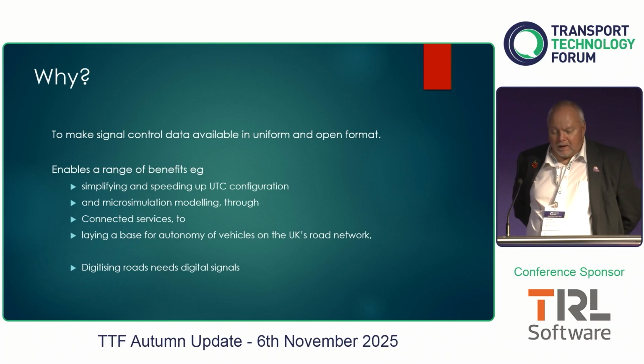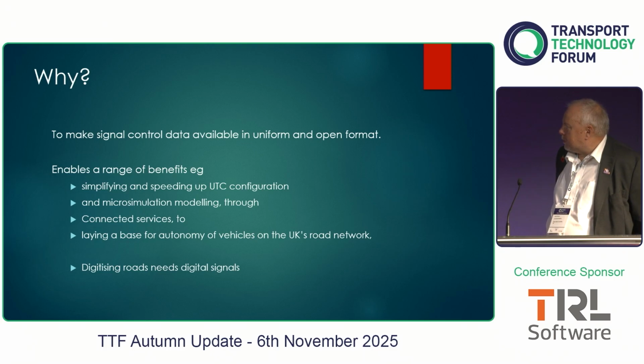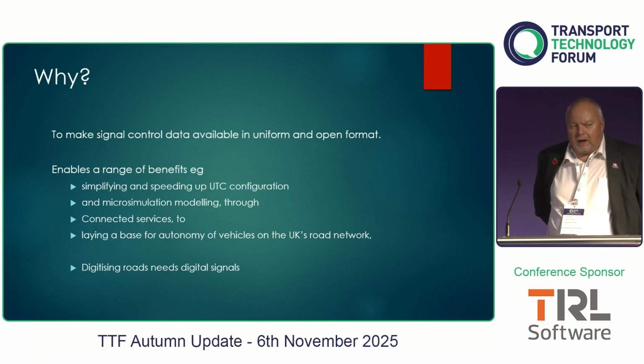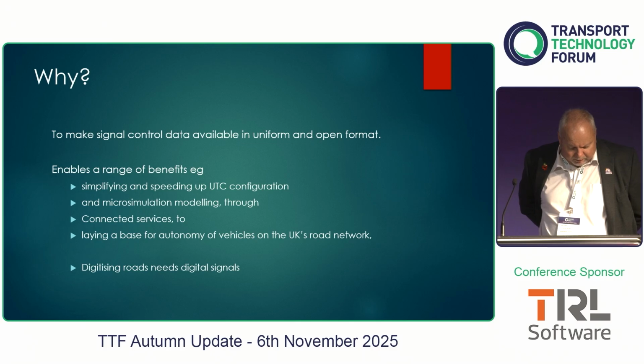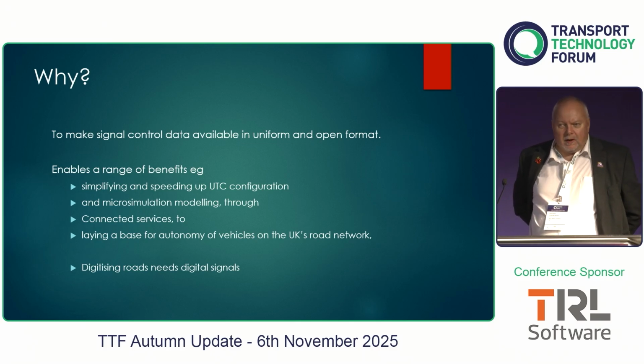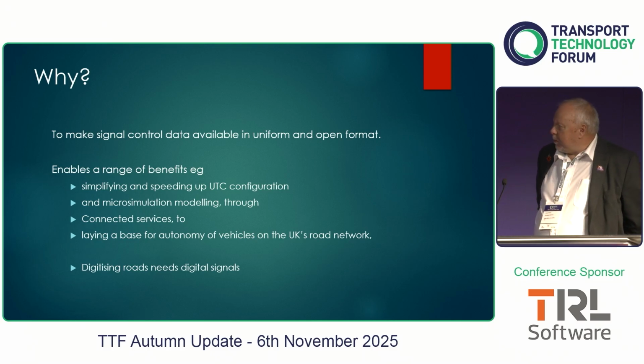So firstly, things like configuring traffic signal control configuration. But one of the big benefits, and we spoke at length to the likes of Immense and so on, is the ability to make much faster and better micro-simulation models. The connected services that Darren spoke about earlier on, knowing what traffic signals are doing, particularly for green light optimal speed advice, but also to lay a base for autonomy.